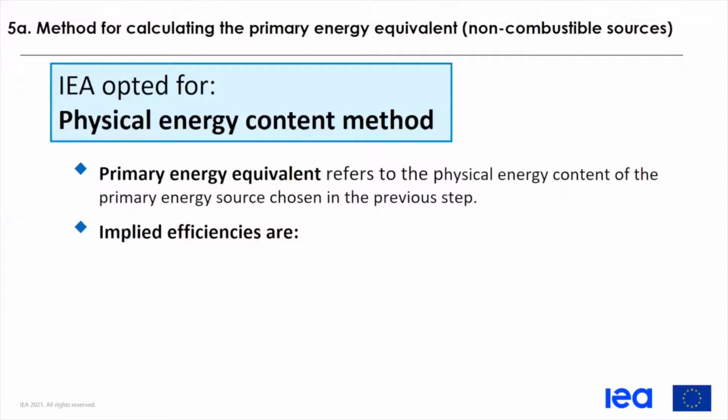The physical energy content method uses the physical energy content of the primary energy source as the primary energy equivalent. As a consequence, there is an obvious link between the principles adopted in defining the primary energy forms of energy sources and the primary energy equivalent of these sources.